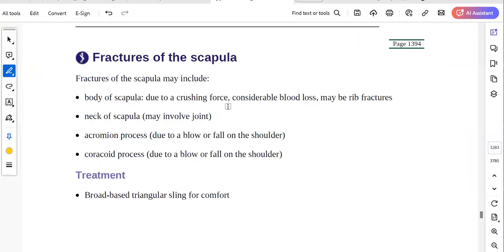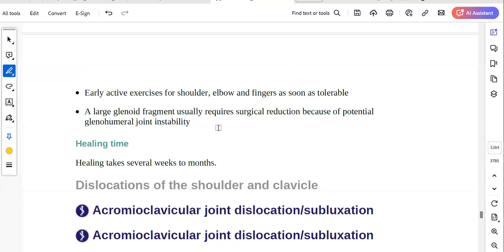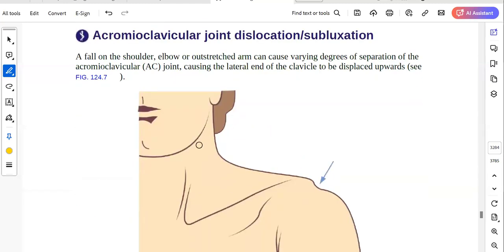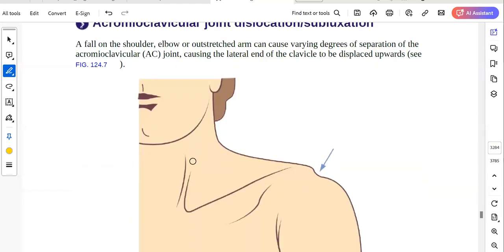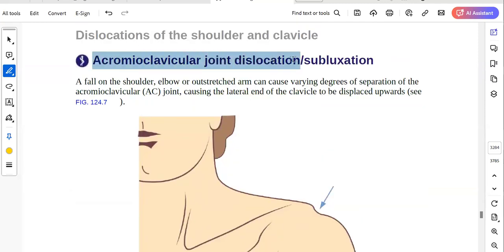And also there is some guideline on the ortho bullet about distal clavicle fracture. That's on the ortho bullet that I have shown you. Please go through that in your own time as well. Okay, so fracture of the scapula is not important. AC joint dislocation or subluxation.